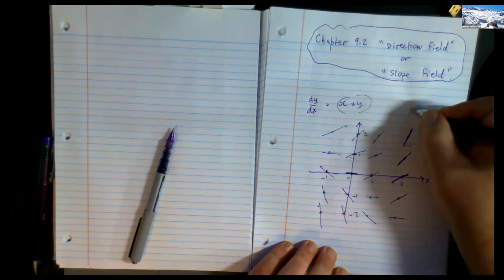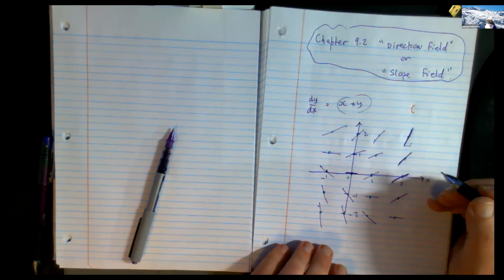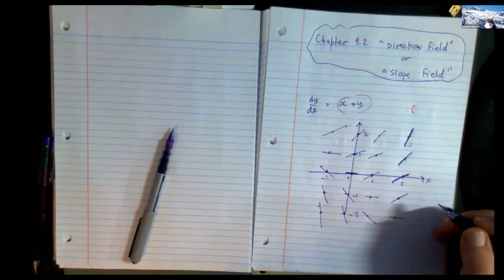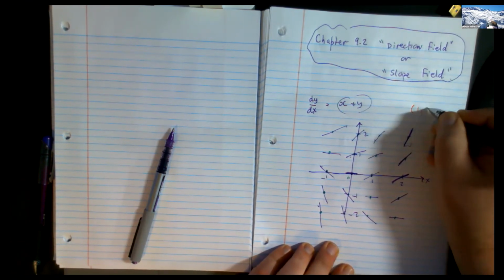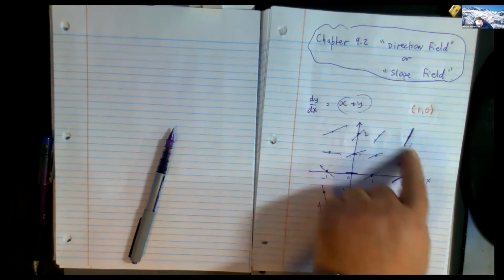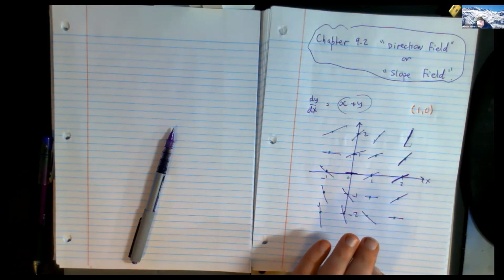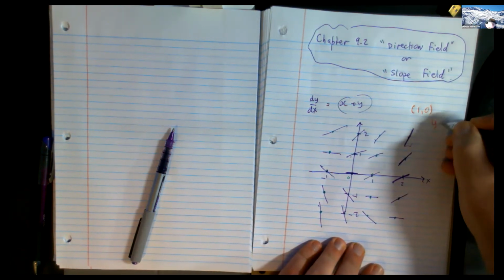Now, if someone then says I know that the particular solution to this differential equation passes through the point 1, 0, you can actually use this to try and predict what the curve, what the y would look like.